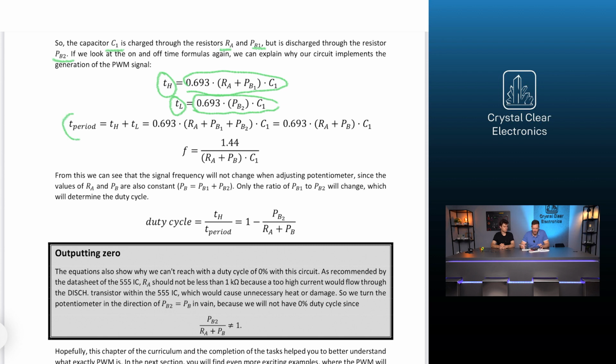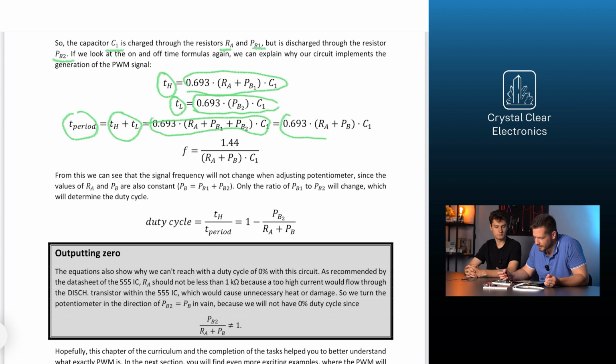Thus, the period time is the sum of TH and TL, which is 0.693 times (RA plus PB1 plus PB2) times the capacity value C1. That is 0.693 times (RA plus PB) times C1. The frequency will be 1.44 divided by (RA plus PB) times C1.